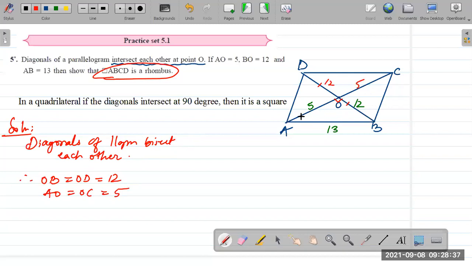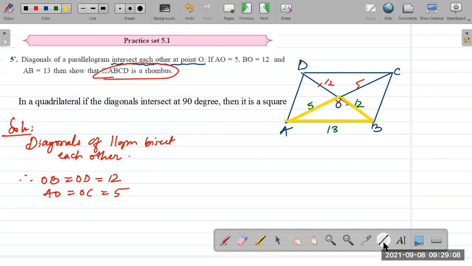Okay, that means this is 12 and this is 5, right? Let's concentrate on this triangle. Let me highlight the triangle OAB. So we will prove that angle O is 90 degrees. And how do we prove? So think, everyone think. For a triangle, if we are given three sides and we have to prove that one angle is 90 degrees, which property should we use? Yes, we use the Pythagoras theorem.